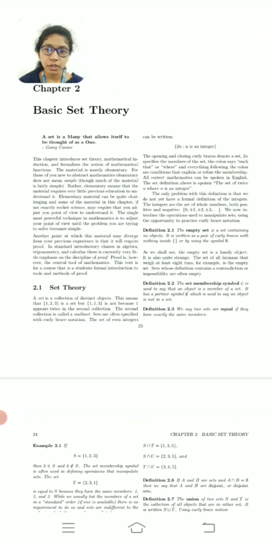The set definition above is spoken as: the set of 2n, where n is an integer. The only problem with this definition is that we do not yet have a proper definition of the integers. The integers are the set of whole numbers, both positive and negative: 0, plus 1, plus 2, plus 3.